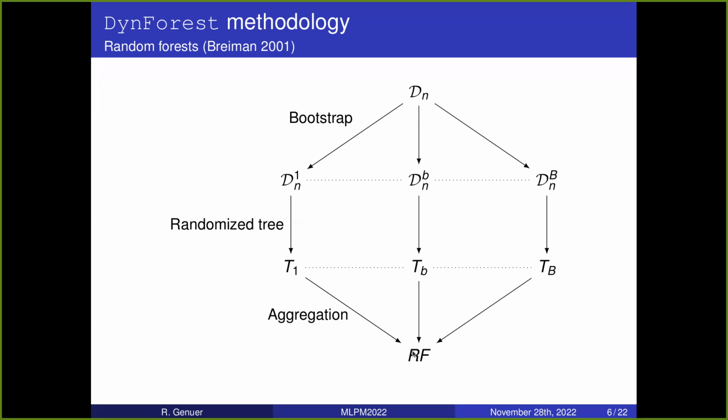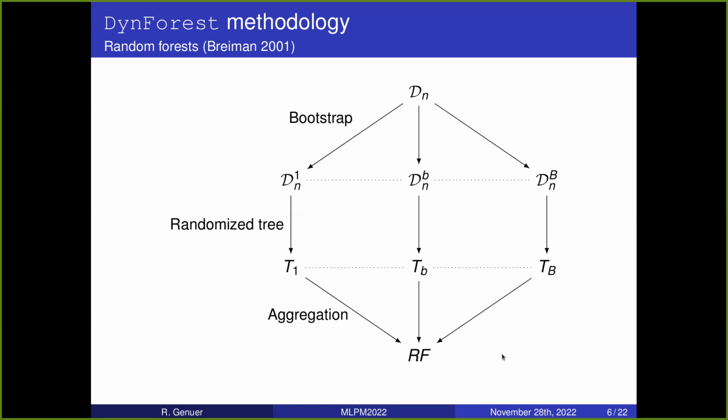So in a way, you will explore the space of all the possible predictors more if you build, let's say, 1,000 trees instead of only one, and then you will aggregate, so average all those individual predictions to stabilize the results.